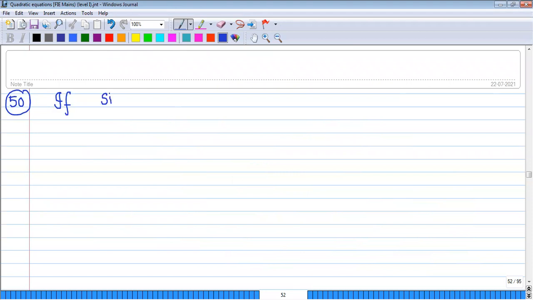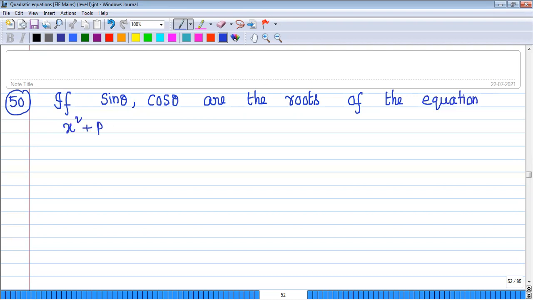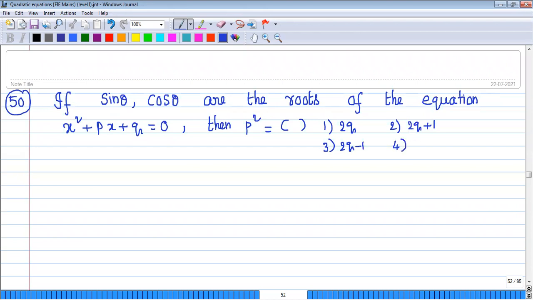If sin theta, cos theta are the roots of the equation x square plus px plus q equals 0, then p square equals to: first option 2q, second option 2q plus 1, third option 2q minus 1, fourth option is 4q plus 1.